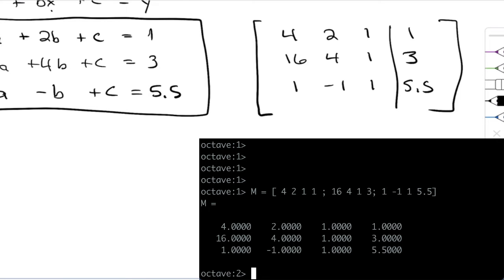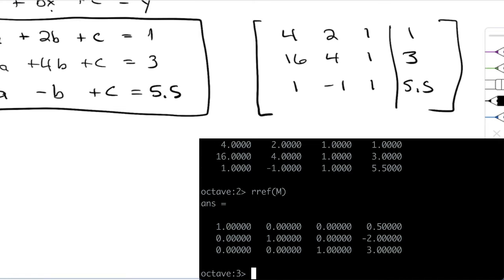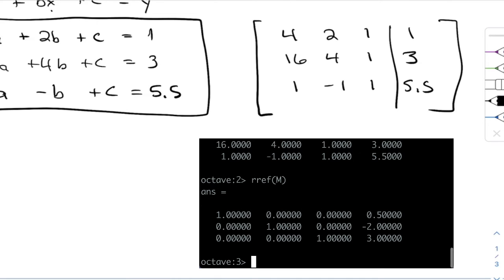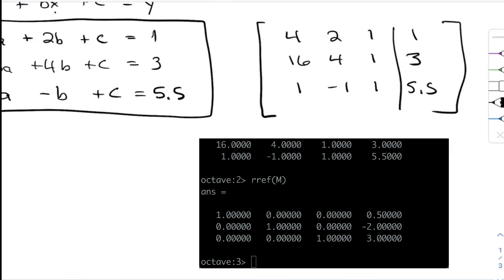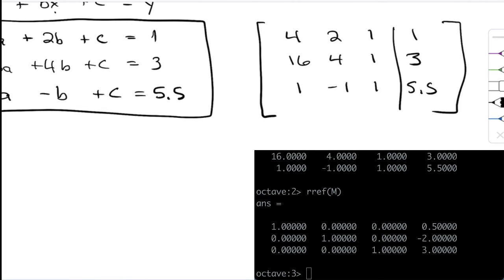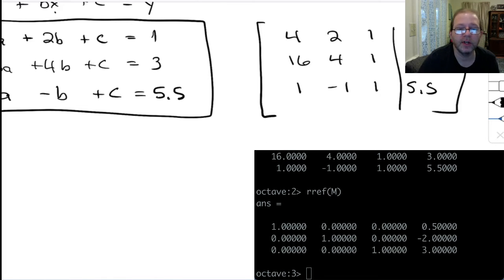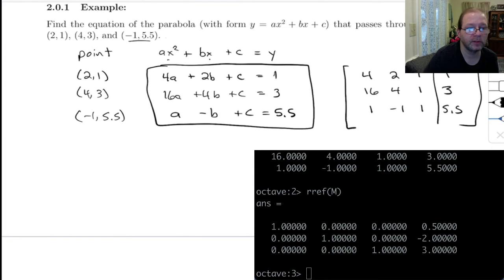And now, of course, we want to row reduce it. And this is nice because notice it gives us what's called an identity matrix. So I'm going to take that and copy it back onto here.